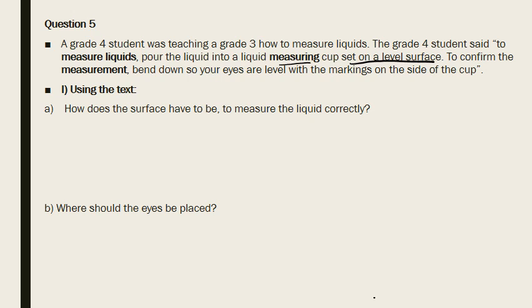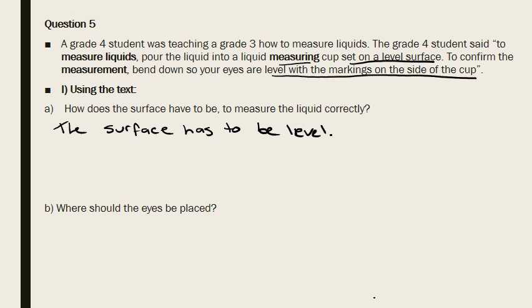So the surface has to be level. Okay, that means it has to be straight. Where should the eyes be placed? They should be level with the markings on the side of the cup.